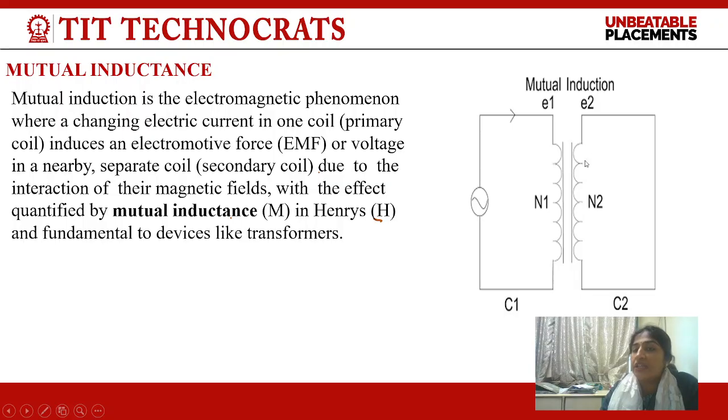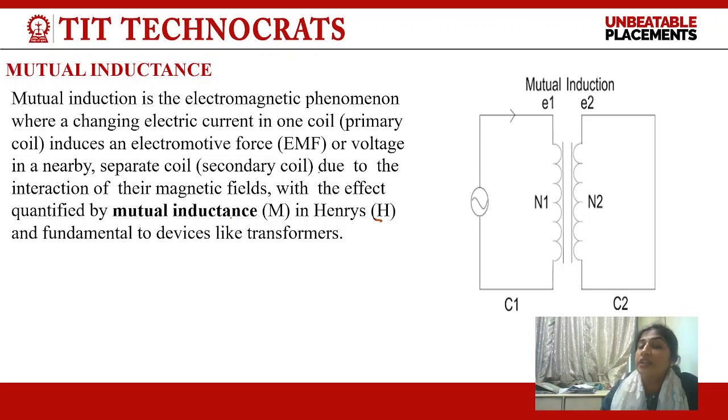As the flux coming in this coil is alternating in nature, an EMF will be induced, which will be alternating in nature. Because of the first coil, an EMF is induced in the second coil. And as this induced EMF is alternating, an alternating current is also created in the second coil.